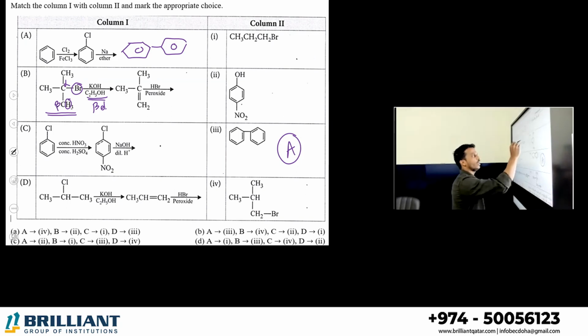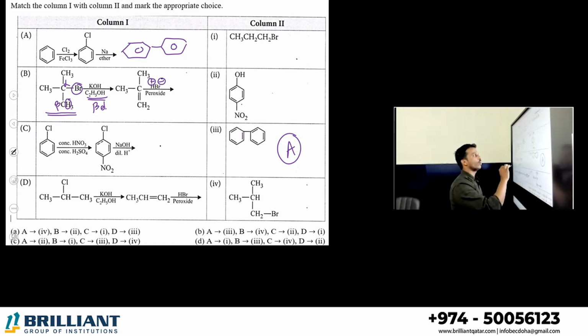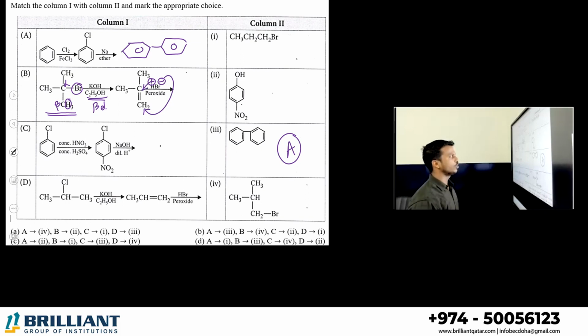After that, H plus and Br minus adding in presence of peroxide. Which rule? Anti-Markovnikov rule. Br minus adding to carbon containing more number of hydrogen, H plus adding to less number of hydrogen. This is your product. So this is the B compound answer.